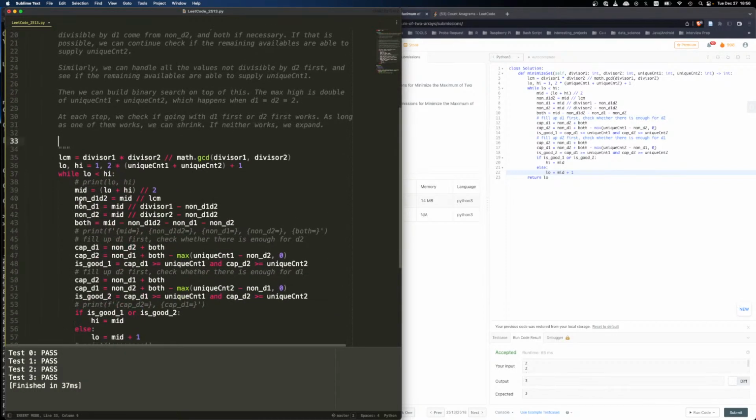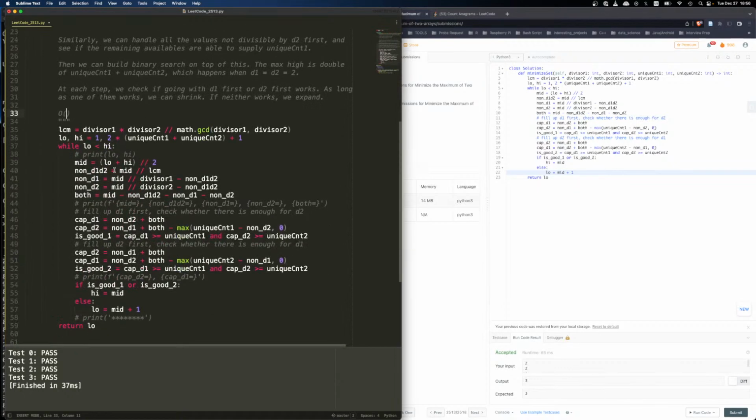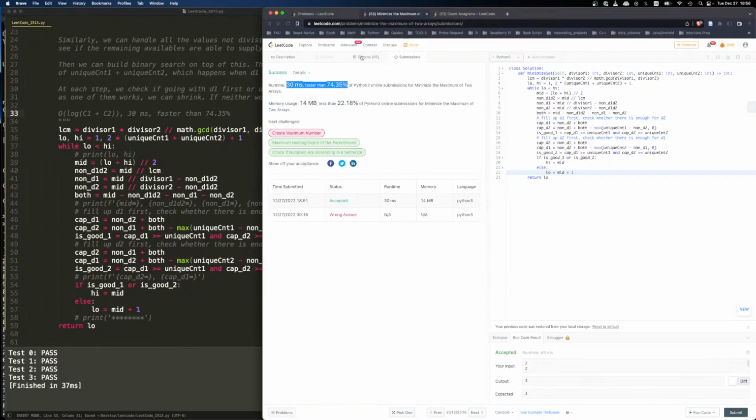The outside is log n, and everything inside is all O(1). So it's log of C1 plus C2. That's the solution. All right, let's take a look.